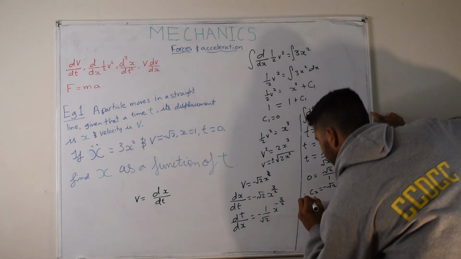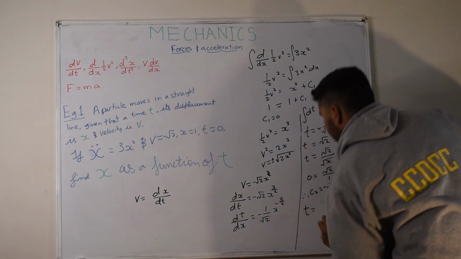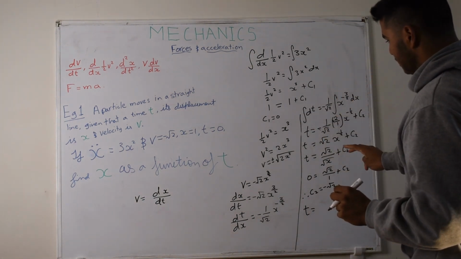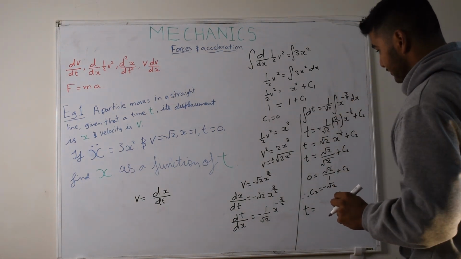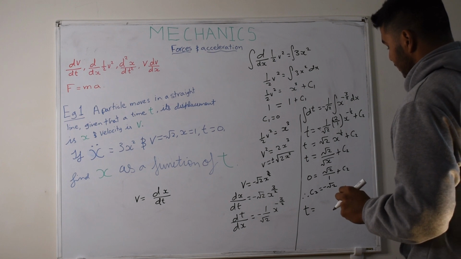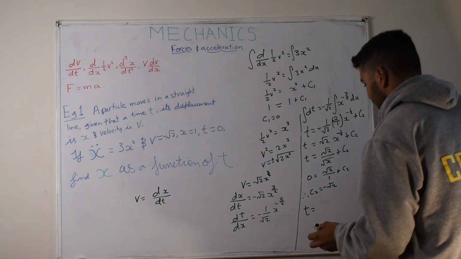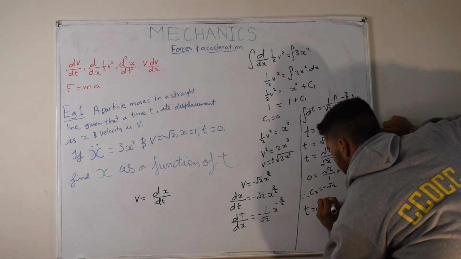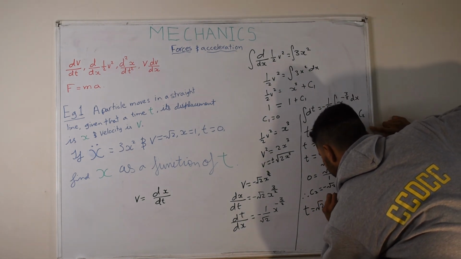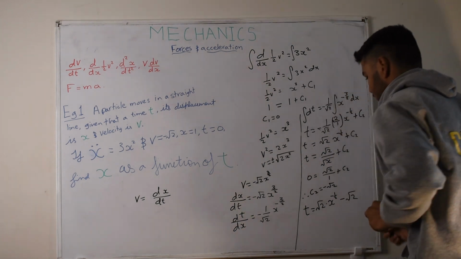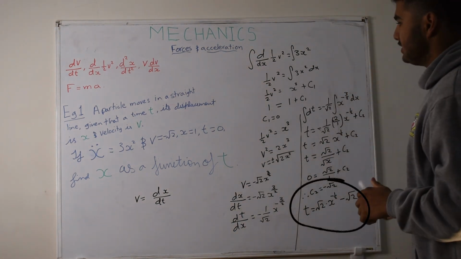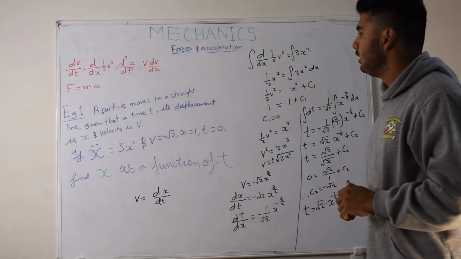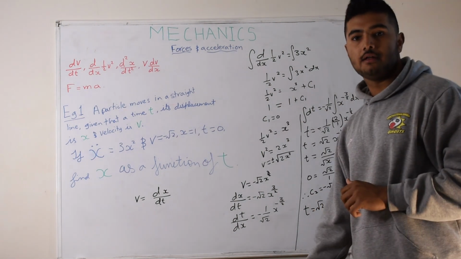Rewrite this over here. t therefore equals root 2 upon root x, or we can rewrite this as root 2 times x to the power of negative 1 upon 2 minus root 2. That is how you do this example over here. Now we'll go on to the next example.